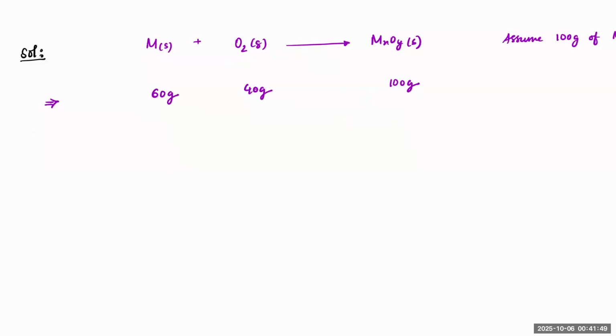Now, if I know the weight, I can calculate the number of equivalents also, because by definition, equivalents is weight upon equivalent weight. So 60 divided by equivalent weight of metal, 40 divided by equivalent weight of oxygen, and 100 divided by equivalent weight of metal oxide.